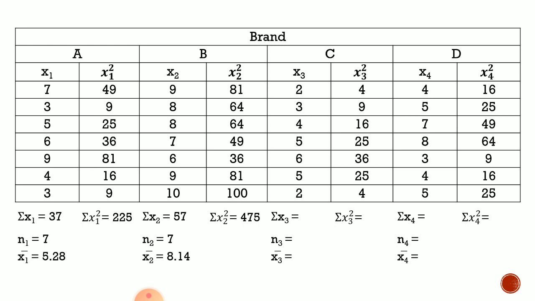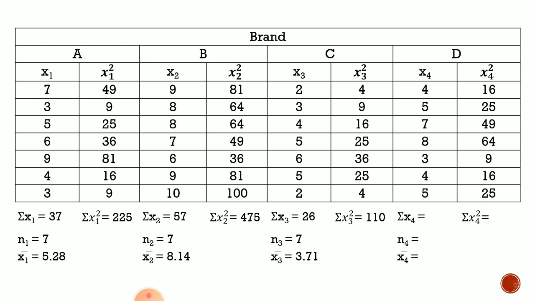The next is for brand C. The summation of x sub 3 is equal to 26. Then n sub 3, or the sample size, is equal to 7. Then the mean of group 3 is equal to 26 divided by 7, which is equal to 3.71. Then the summation of x sub 3 squared is equal to 110.